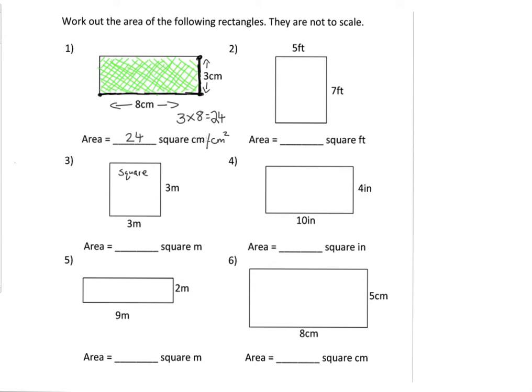If you think about a farm in the countryside, you might hear somebody say it's 100 acres or 10 hectares. They're describing the area. This rectangle here is only 24 centimeters squared. It's a smaller one, 24 square centimeters.